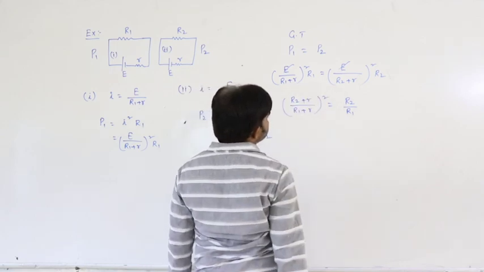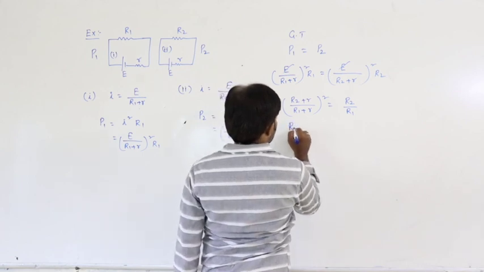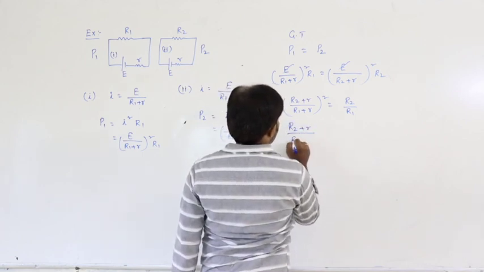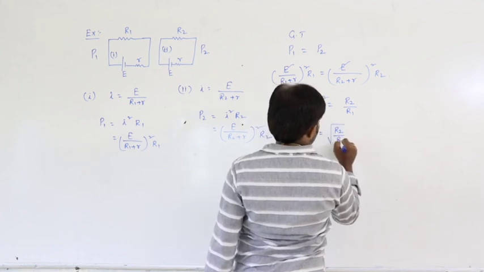So this is the same. R2 plus R divided by R1 plus R is equal to under root R2 by R1.